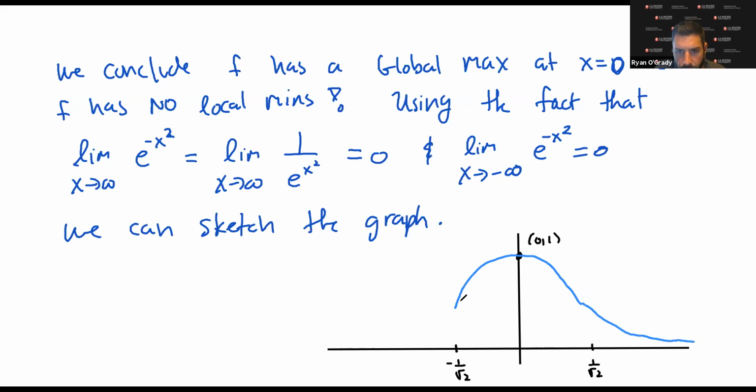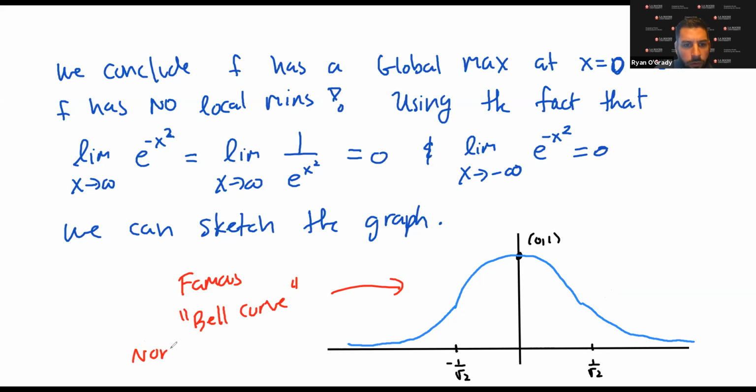And we have asymptotes. So maybe you might remember this from some statistics or some other class, but this is the famous bell curve. Or some of you might know it as the normal distribution.